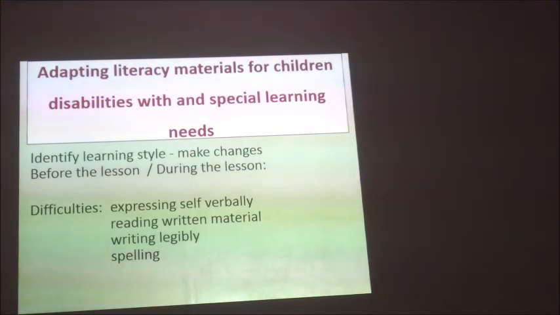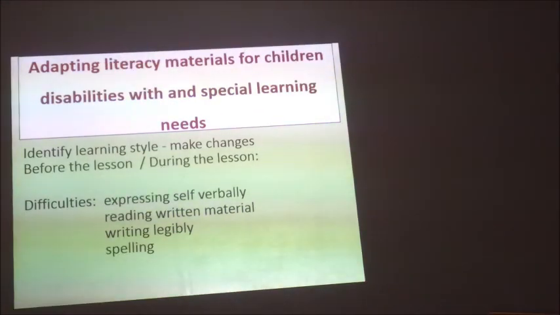If the child has difficulty reading written material, then it is your duty to find written text at a lower level or allow peers or adults to read aloud for the student. If the child has difficulty writing legibly, then use graphic organizers in your classroom, true or false answers, or matching.